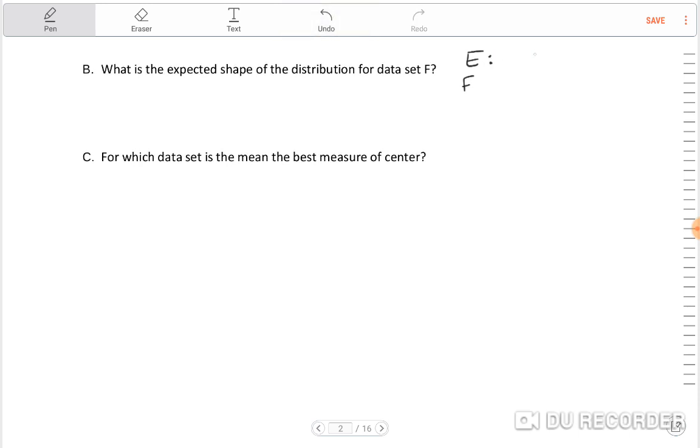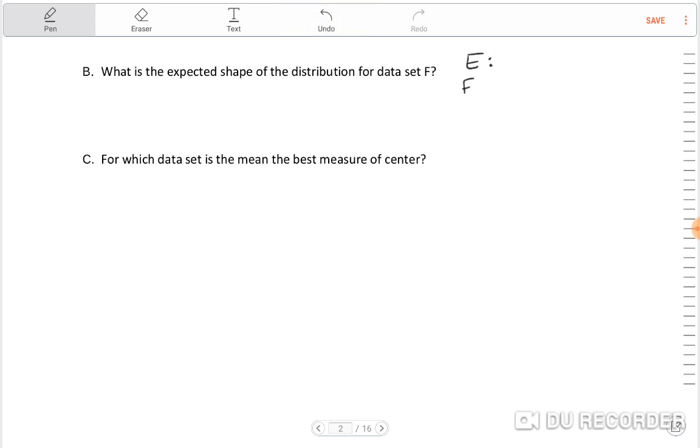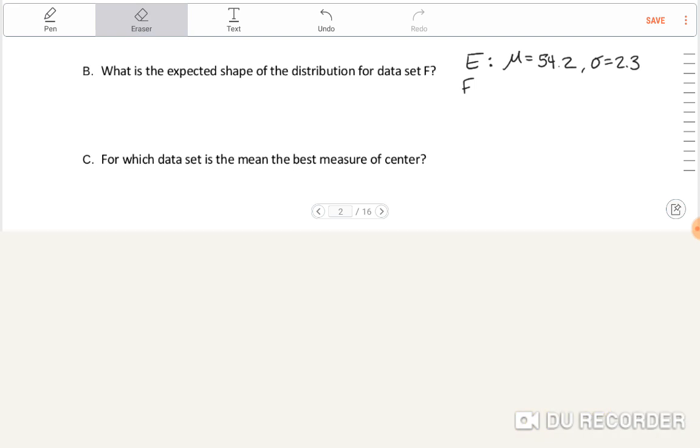Okay, so data set E, this is a population mean. Population mean is 54.2. Standard deviation is 2.3. I ran out of room, so, oops, wrong button.